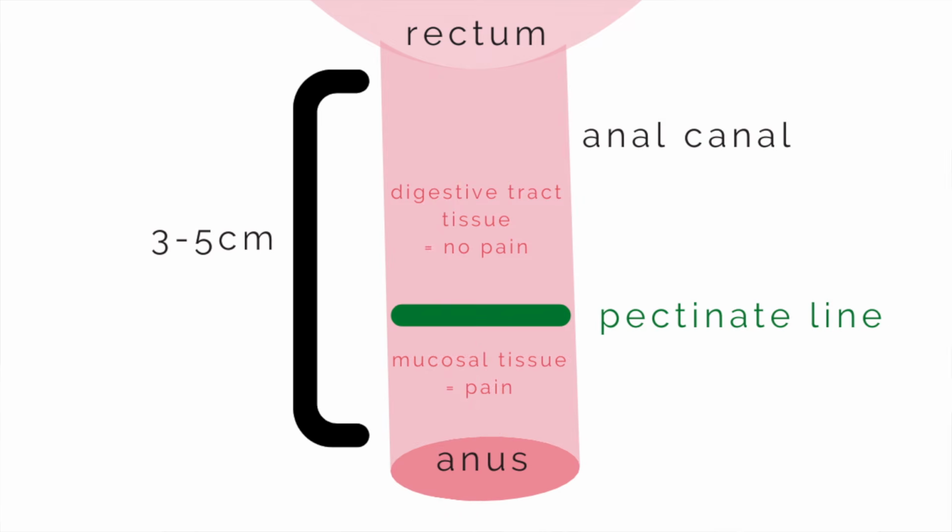In fact, as we follow that mucosal tissue that lives in the bottom third of the anal canal down towards the anus, we'll run into another landmark, the anal verge, which is the name given to the transitional zone between the mucosal skin of the anal canal and the regular external skin of the anus. Understanding these differentiations and landmarks makes understanding everything to do with anal fissures so much easier.